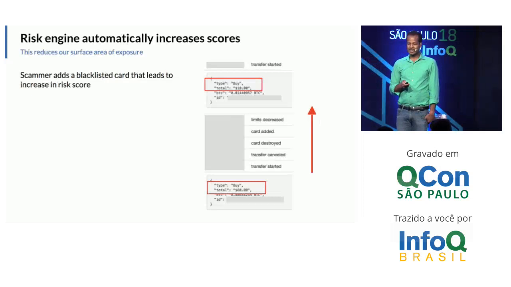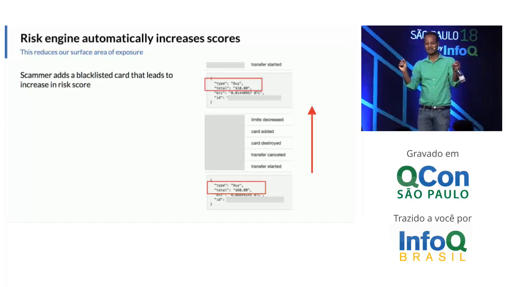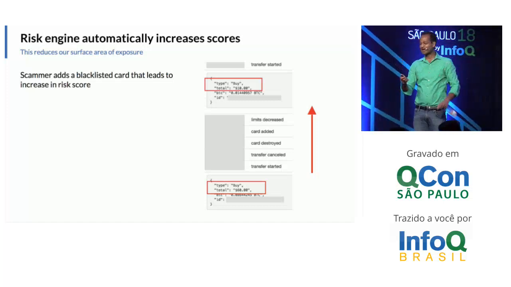Some other selfies that we see: people try to upload IDs from their phones, or they take a printout of someone's face and upload it in front of the webcam.